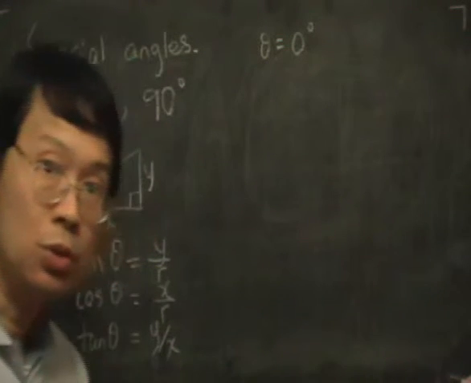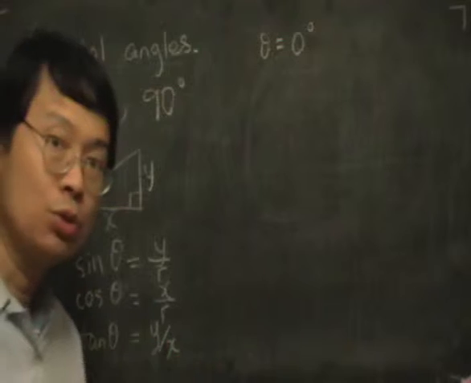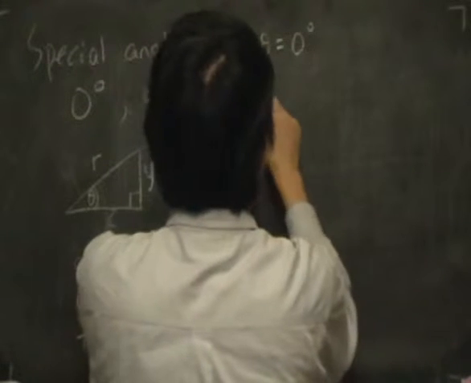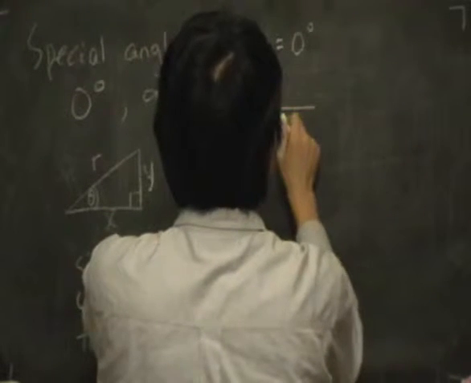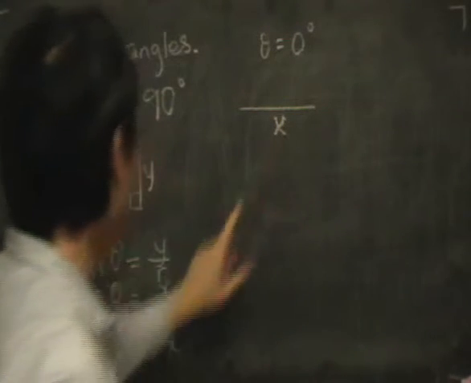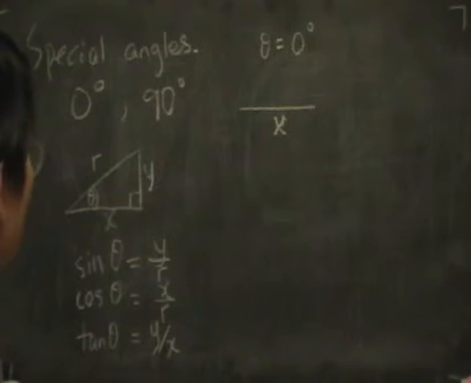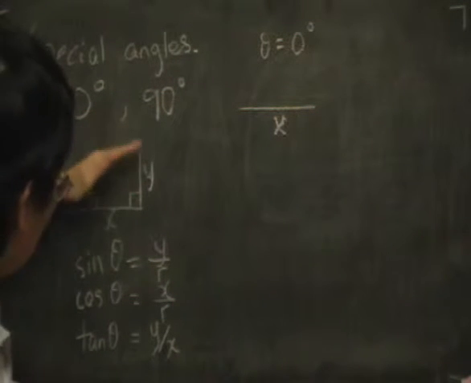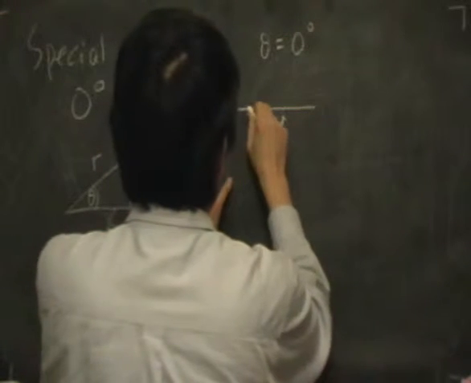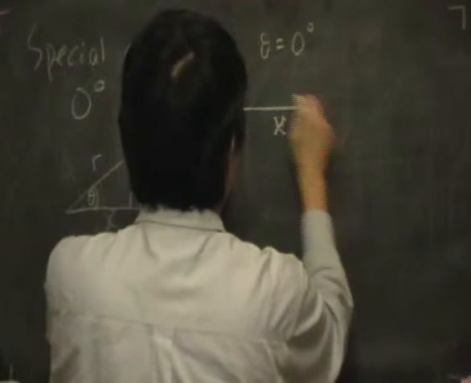So if I try to draw such a triangle, it would look like this. That's the x, that's the base of the triangle. But the r here would come right down so that the angle is 0. So r is just the same as the x.